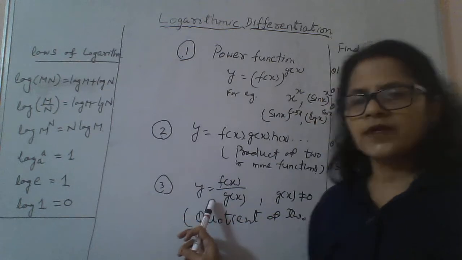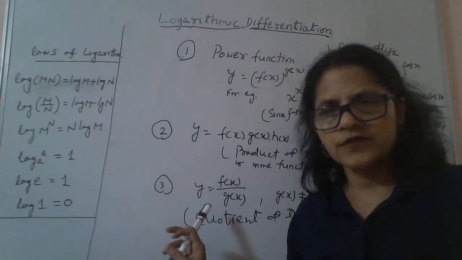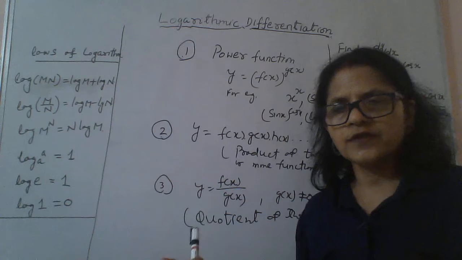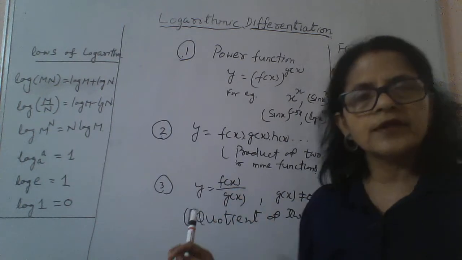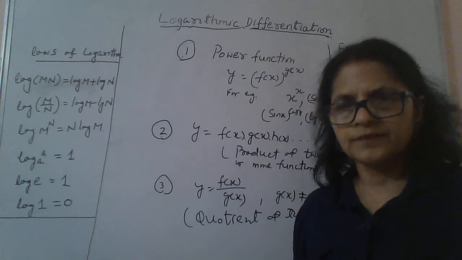The third one is when you have a quotient of two functions. Again you might ask why not use the quotient rule of differentiation.